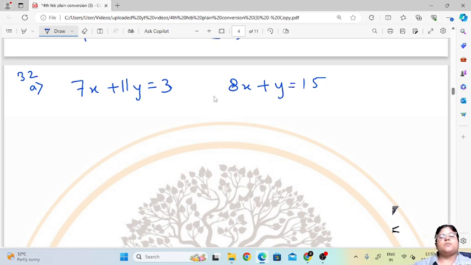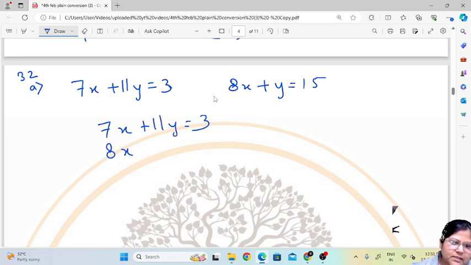Elimination method means what? To eliminate one of the variables and to get the other value, then with that value we get the first variable.